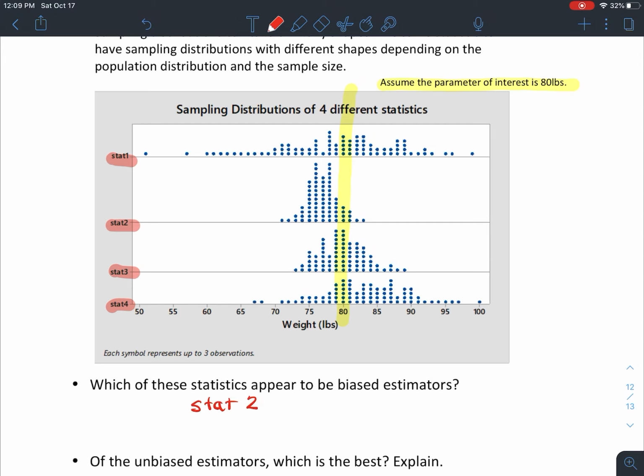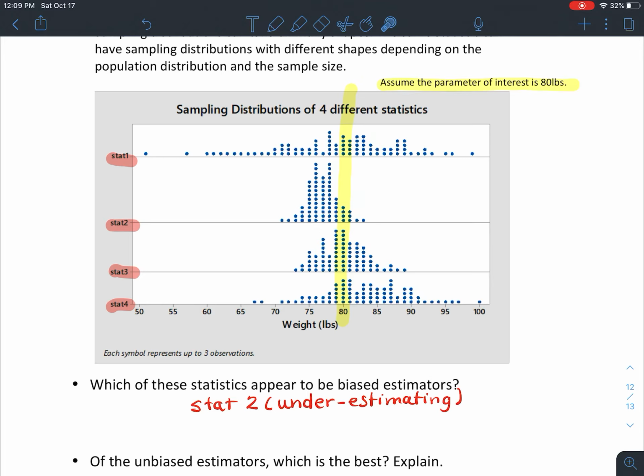I probably could suggest that stat 2 is looking like it's a biased estimator, and it sort of feels like that would be underestimating, for the most part, where the true population mean weight is of 80 pounds.